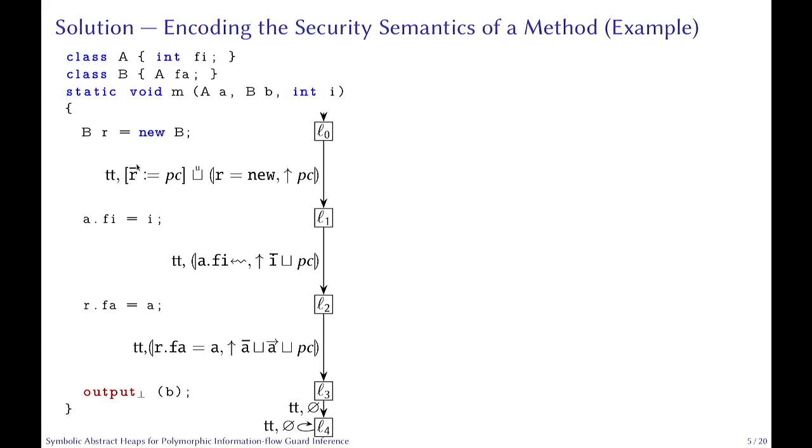As we have just assigned R, we set its level to that of PC. PC is a special variable that holds the security level of the calling context, which is the level of every piece of information that was accumulated over guards before M was called.